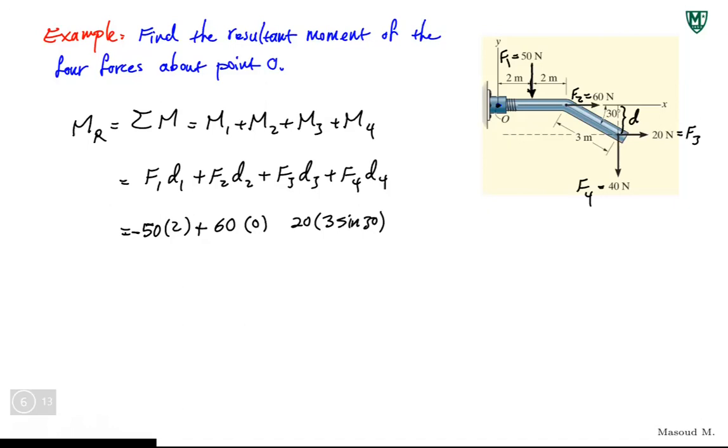Now, what is the sign for this? Is it clockwise or counterclockwise? If it's clockwise, it would be negative. If it's counterclockwise, it would be positive. Can someone tell me whether this moment caused by force F3 is positive or negative, following the sign convention?